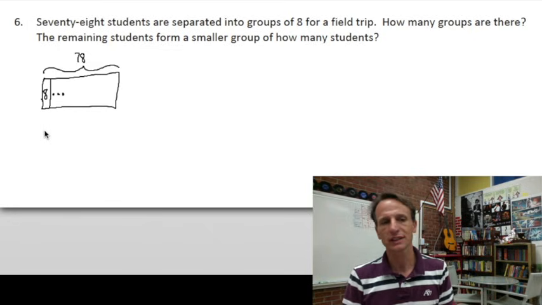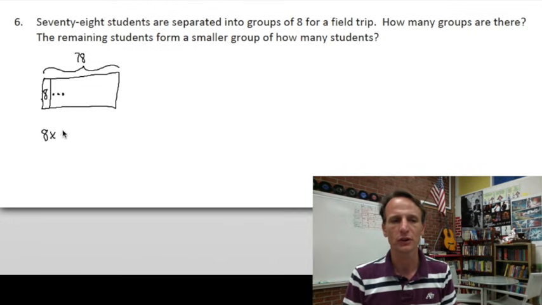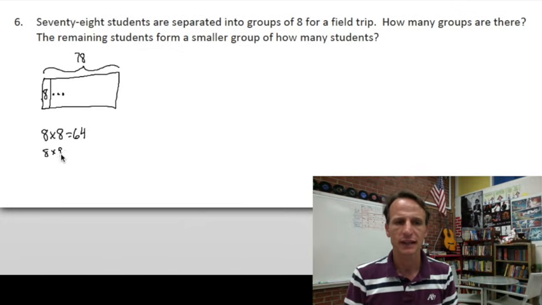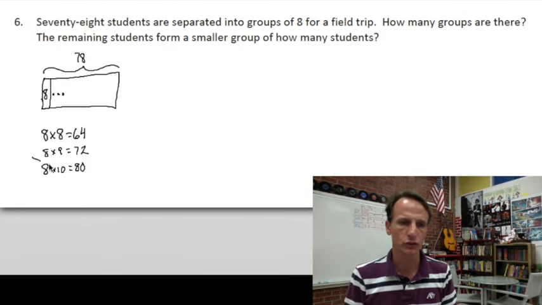Let's say you look at this and you know your 8s well enough to know that 8 times 8 is 64, and 8 times 9 is 72, and 8 times 10, of course, is 80. Oh, okay, well, you can see that goes too far. We only have 78 students.